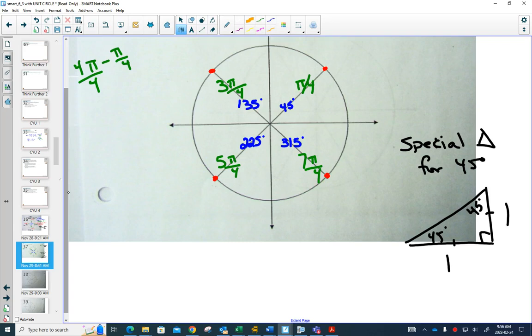And if you have 2 sides on a right angled triangle, you can always find the third side by just doing a squared plus b squared equals c squared. So if I do 1 squared plus 1 squared, that would be 2. This side here will be the square root of 2.